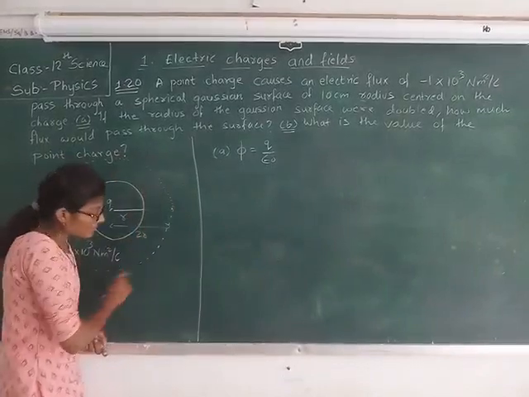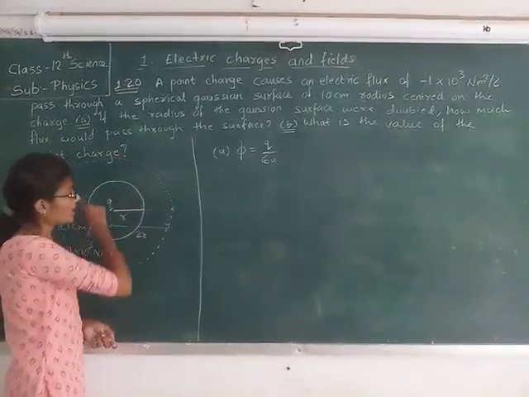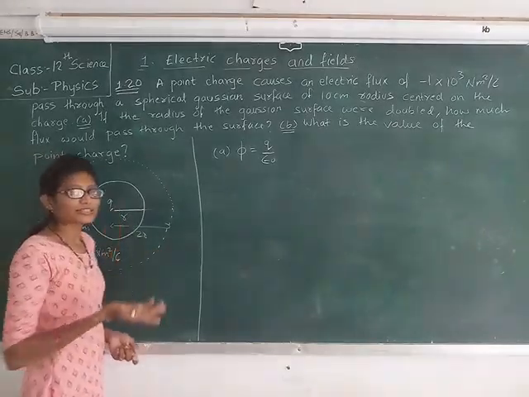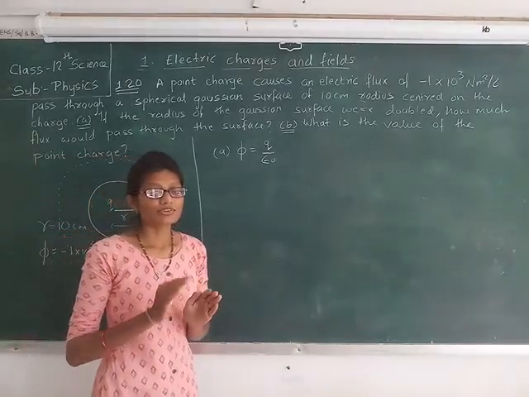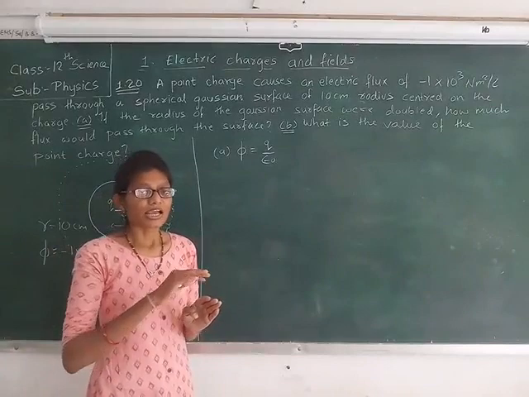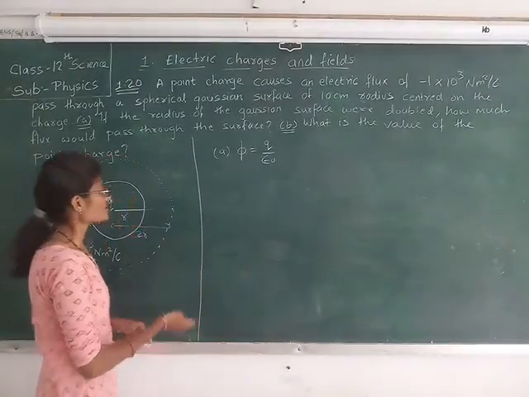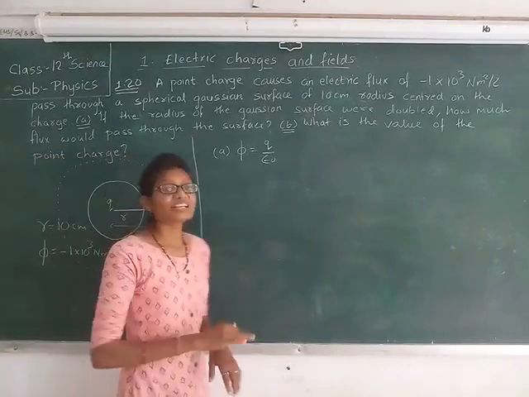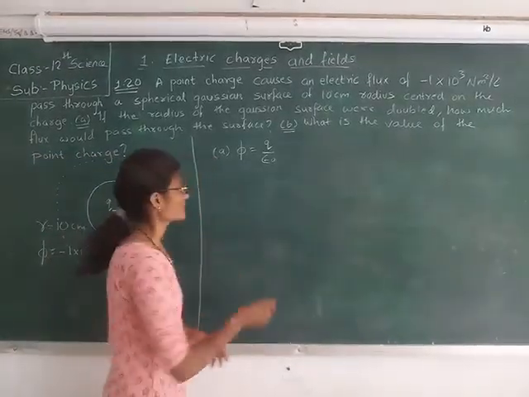Even if we double the radius, for the new Gaussian spherical surface the enclosed charge is the same, q. So the flux will not change in that case.